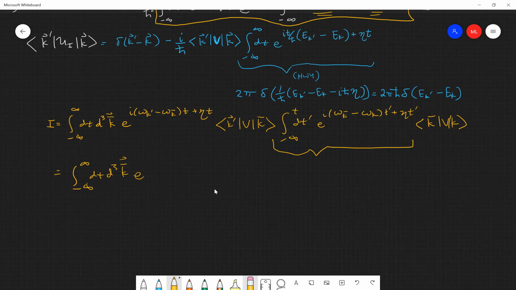Of course, these all have vectors on them. You've got these terms, which I'll leave here. You've got the k prime v k bar part. And then when you do this integration over t prime, of course, this matrix element comes out also.